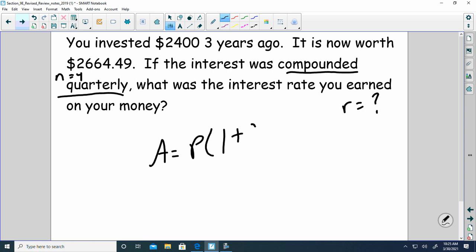1 plus R over N raised to the NT. We know that it's going to be that equation. It's growing, so it's 1 plus. The R over N to the NT is because it has the compounded quarterly. So they tell us that it's now worth $2,664.49.